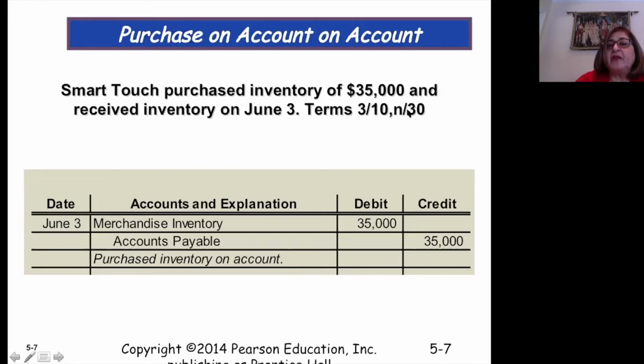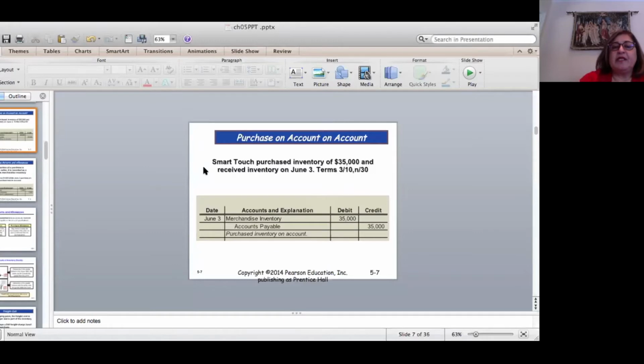Otherwise, the net amount is due in 30 days. Therefore, this means we didn't pay cash. So if you do not see the word paid, it means cash was not used. Make sense? Okay.